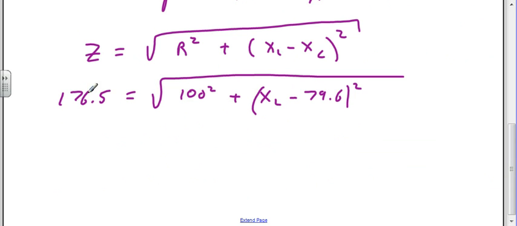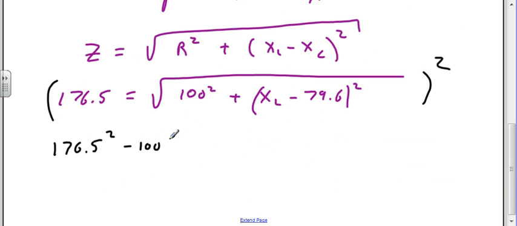And that's why we're doing the problem, because it's a problem with radicals in it, right? All right, so now I'm going to square everything I see. 176.5 squared minus 100 squared is equal to X of L minus 79.6, squared.